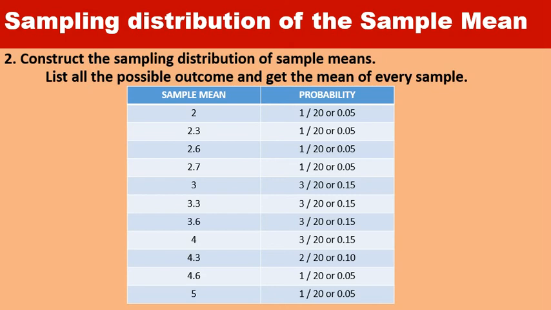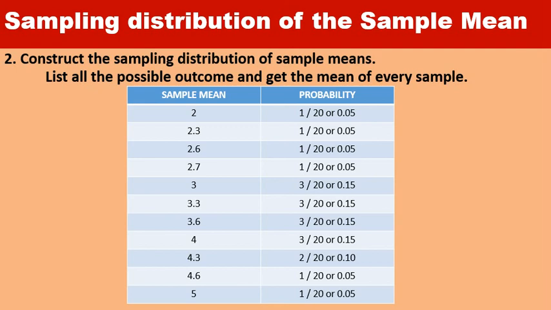Next is 3.6. How many 3.6 have appeared? There are 3. So the probability is 3 over 20 or 0.15. Next is 4. How many 4 have appeared? There are 3. Probability is 3 over 20 or 0.15.